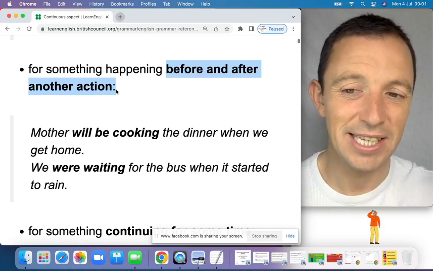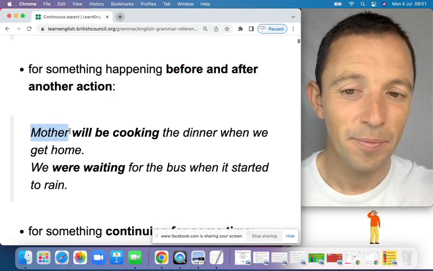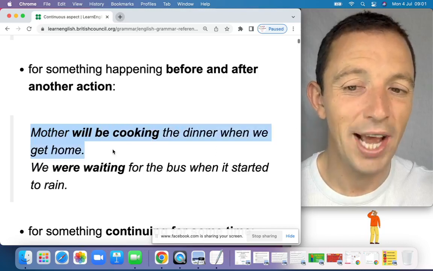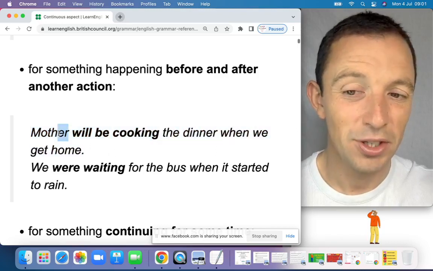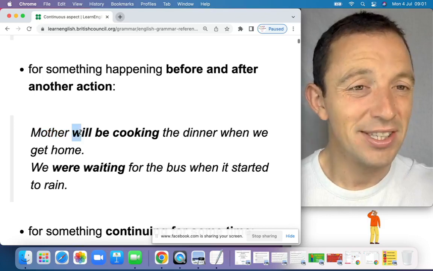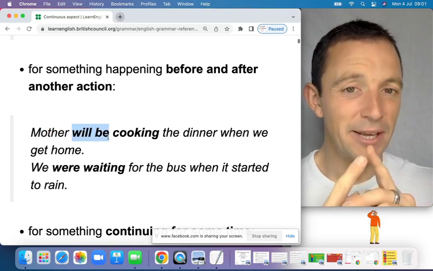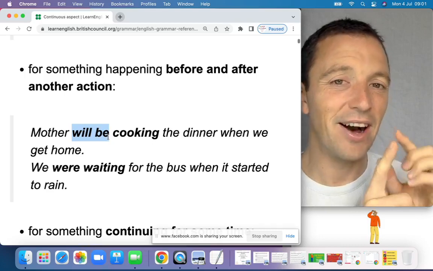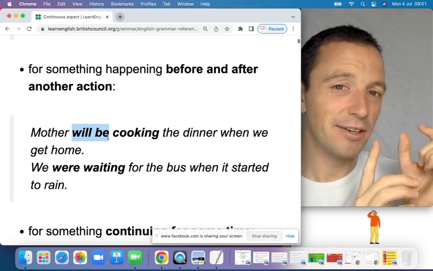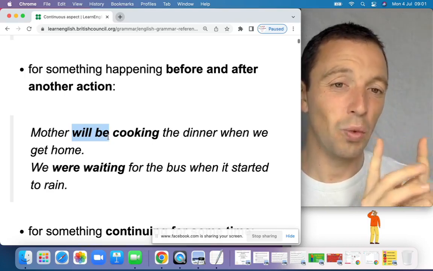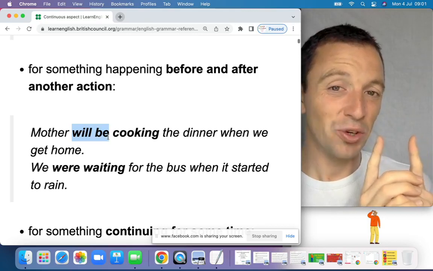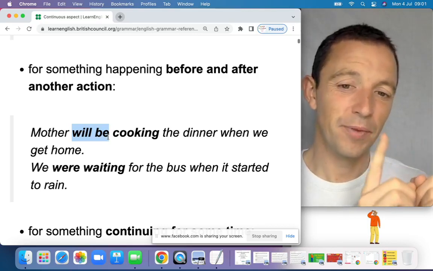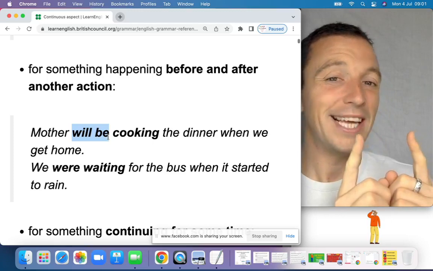So here is the example. Mother will be cooking the dinner when we get home. The subject is mother. The auxiliary is the verb to be in the future form. And the ing, the gerund verb, is cooking. So will be cooking is the continuous aspect in the future. The dinner when we get home.